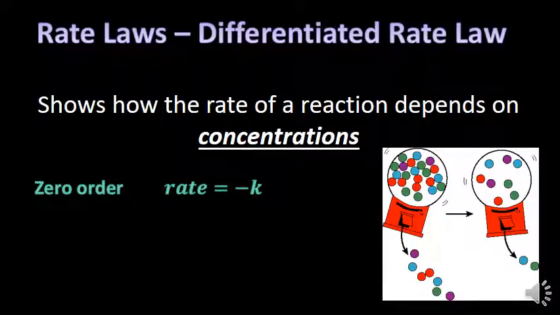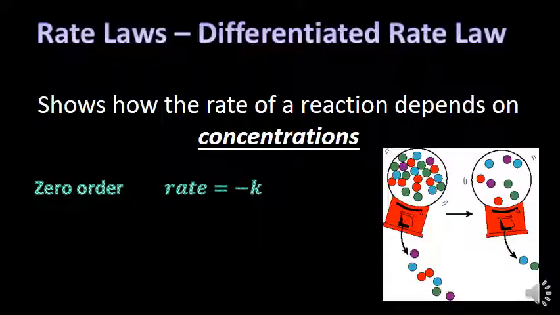If we look at the differentiated rate law, a zero order reaction doesn't depend on concentration at all. It just depends on K. I paused the recording because I wanted to make sure that my memory banks were still working on the calculus. Okay. So y equals mx.